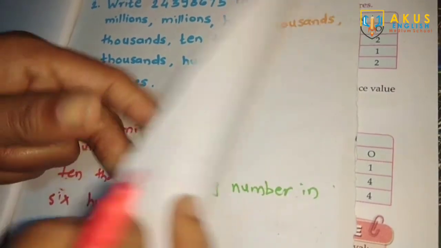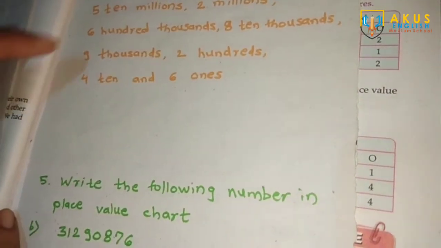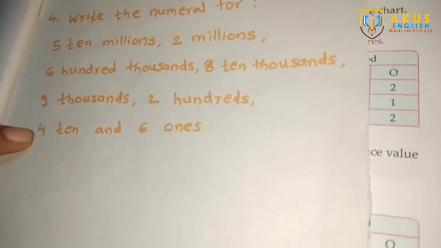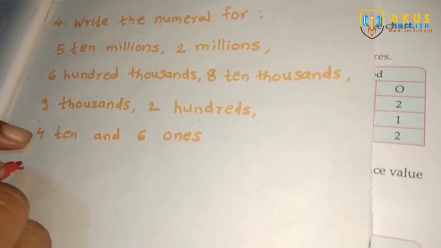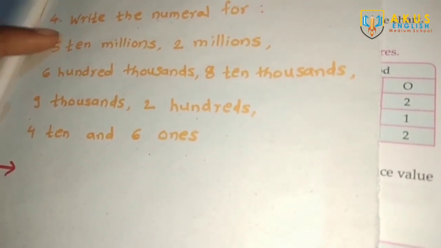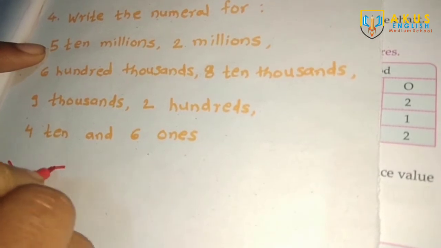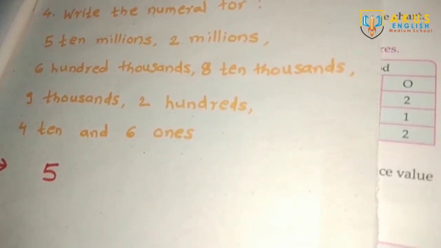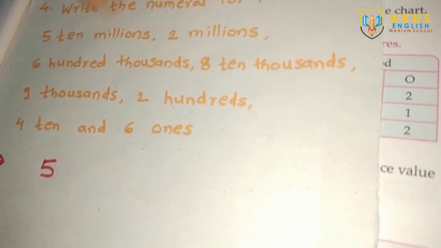Okay. Now next question. Question number 4. Write the numeral for. Now the number name is given, and we have to form the numeral. So 5 10 millions. After 10 millions, which is the place? In that place value table we see 10 millions, then million.